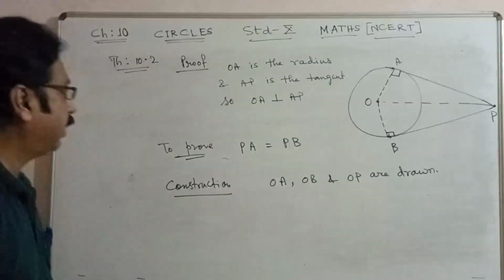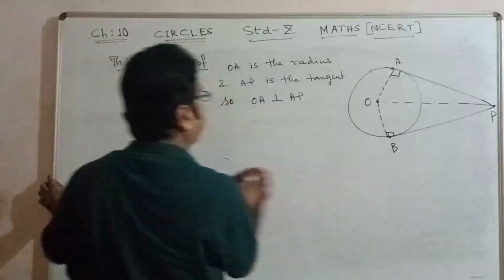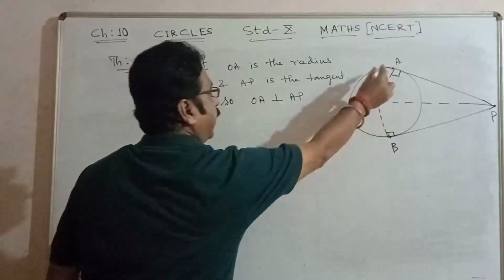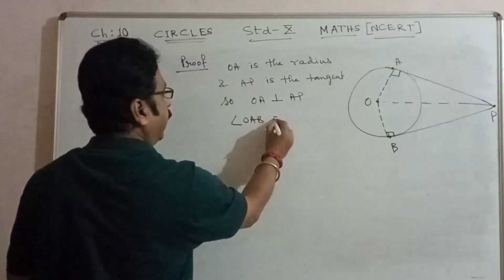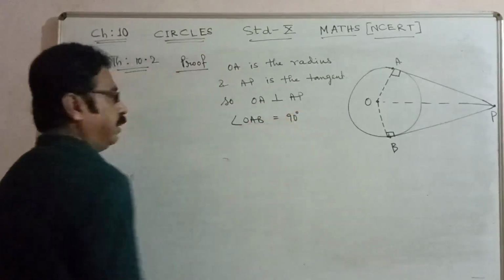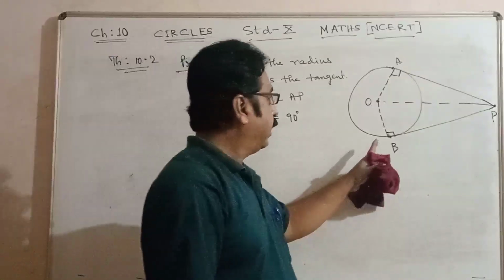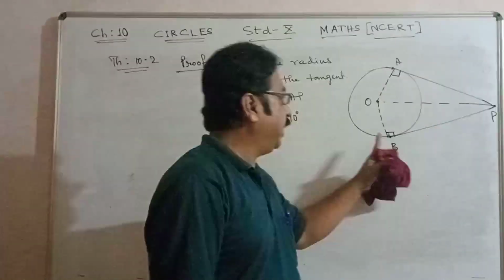OA is perpendicular to AP means angle OAP is 90 degrees.